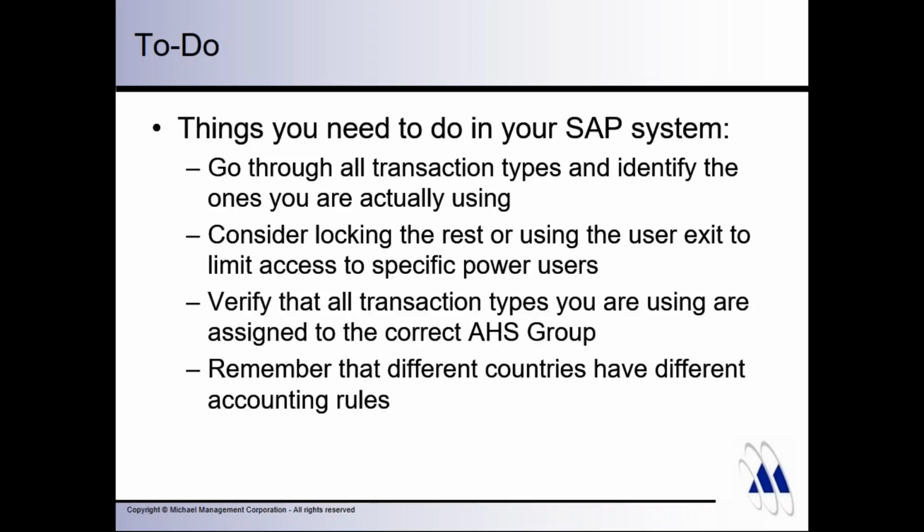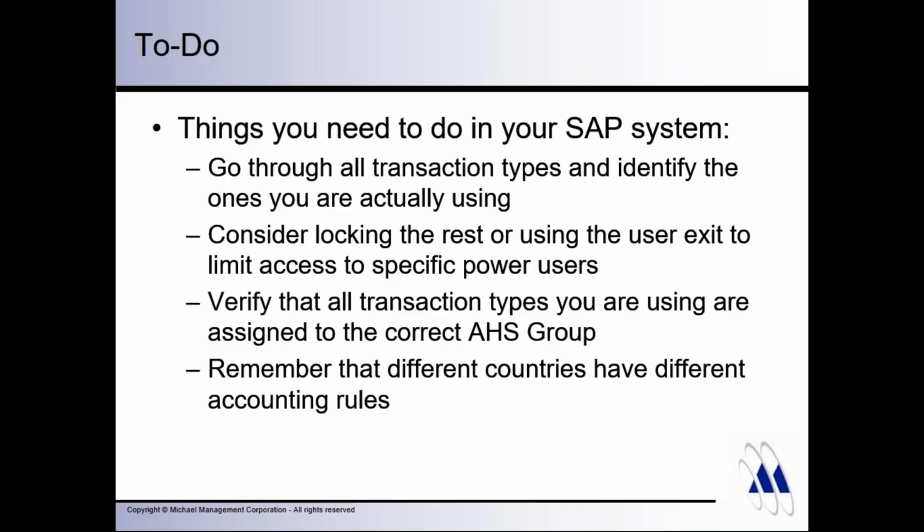Oh, also one more thing: if you are in a system where you work with multiple countries, remember that each country has their own reporting requirements, and they're different from U.S. reporting requirements. What we consider an asset transfer here in the U.S. is absolutely not the same as an asset transfer in Germany. There are very big differences.